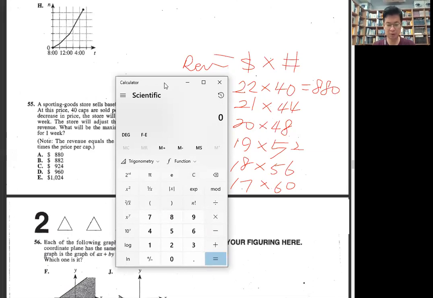960, going up more. Going to 2, 990, okay, going up again. 18 times 56, going up. 17 times, going up more. 16 times 54.